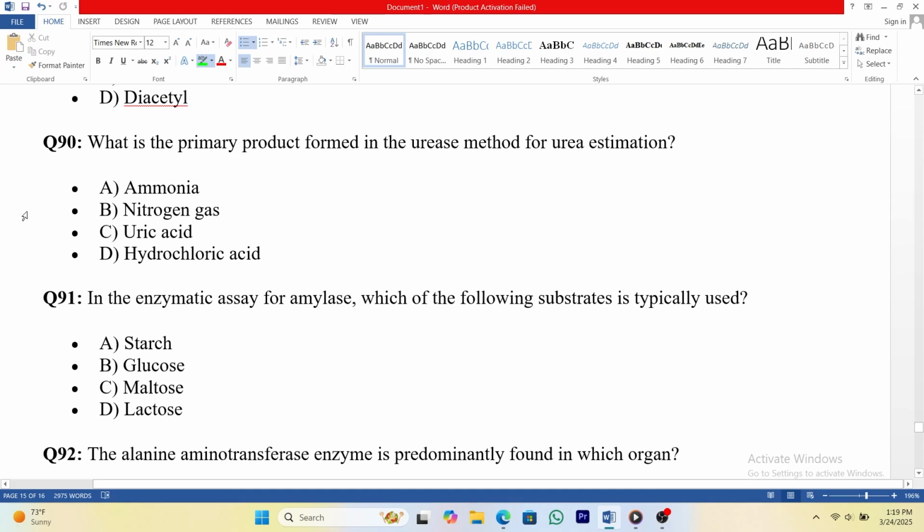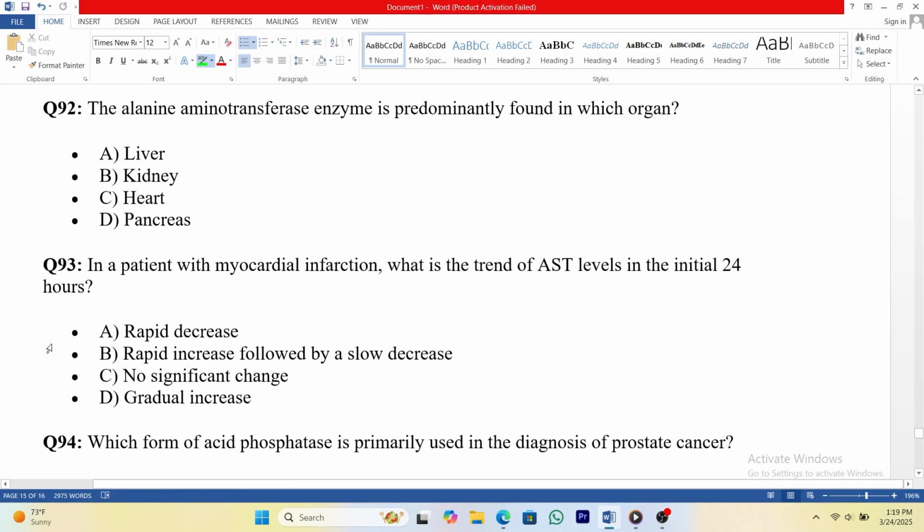Answer: A. 91. In the enzymatic assay for amylase, which of the following substrates is typically used? A. Starch. B. Glucose. C. Maltose. D. Lactose. Answer: A. 92. The alanine aminotransferase enzyme is predominantly found in which organ? A. Liver. B. Kidney.